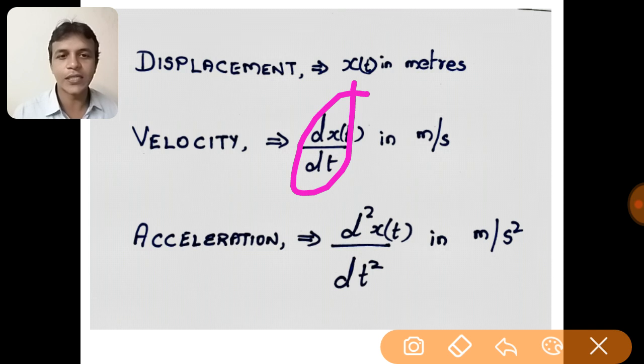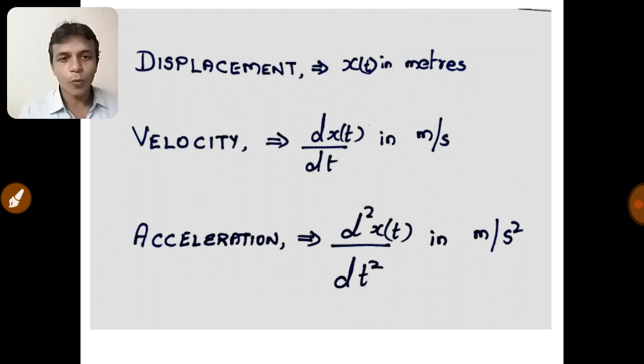Why is it expressed as a derivative? The reason is that all the parameters are expressed with respect to time. Time is a continuously varying thing, and analyzing all these parameters continuously for the entire time period may be complex.